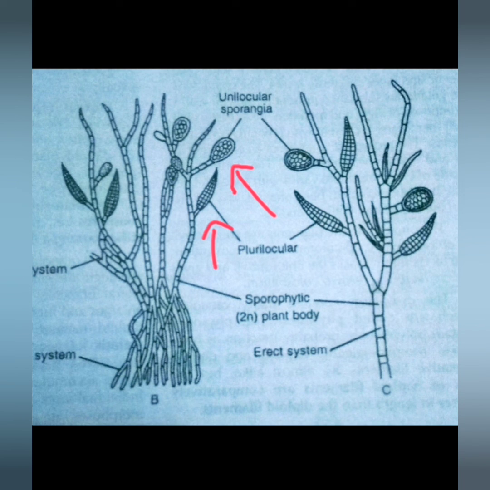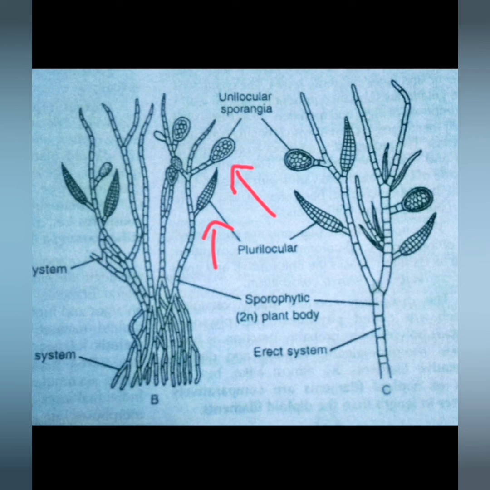Now the formation of the plurilocular as well as the unilocular sporangia by this Ectocarpus species is affected by certain parameters, such as temperature as well as the salinity of water.